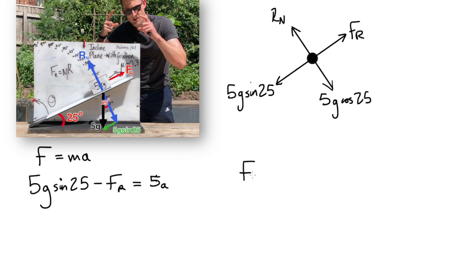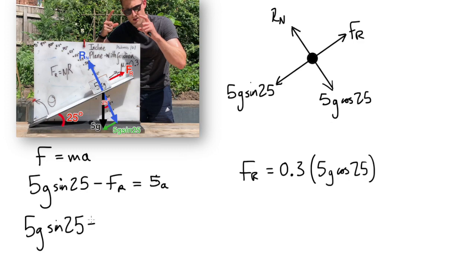Fr is going to equal 0.3 multiplied by our normal force, which is 5g cos 25. So we end up with 5g sine 25 subtract 0.3 times 5g cos 25. This still equals 5a.